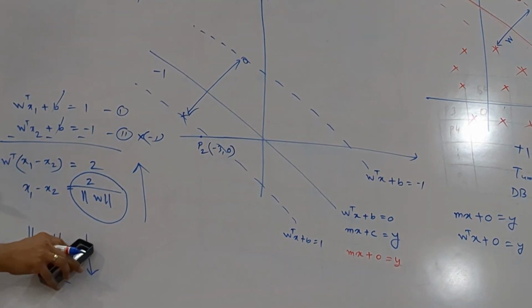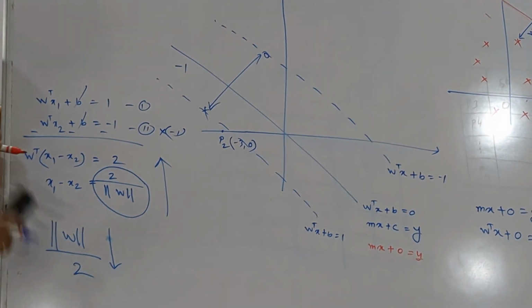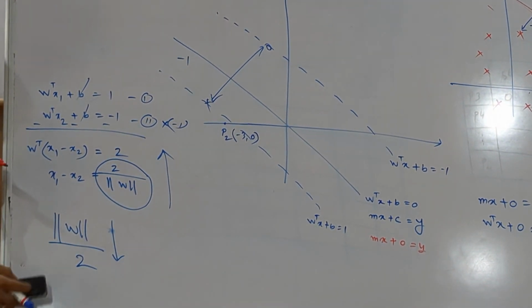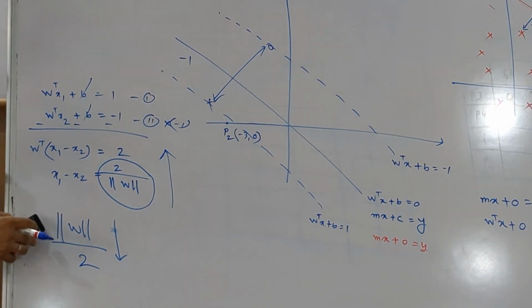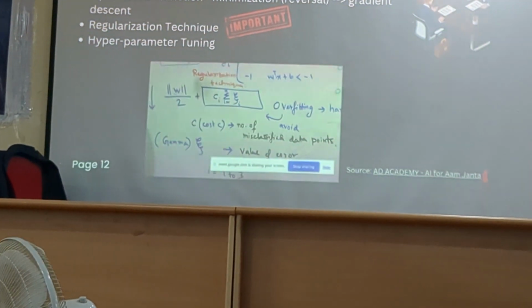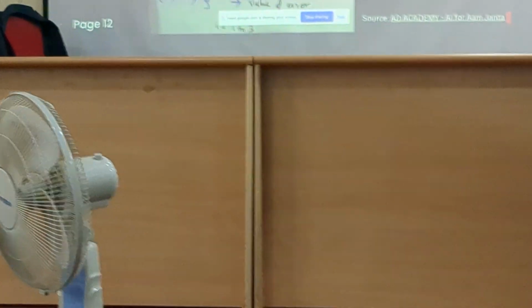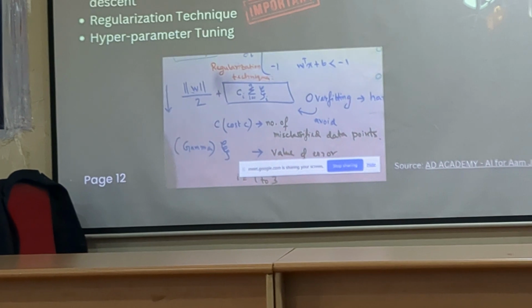I will not go through that because it will be very hard, since you are learning for the first time. So we have to minimize this value. It's a kind of optimization function. So we have to minimize these things and update some values. Here I have mentioned that maximizing the distance, that is 2 by norm of W, is the same as minimizing norm of W by 2, with some regularization parameters.